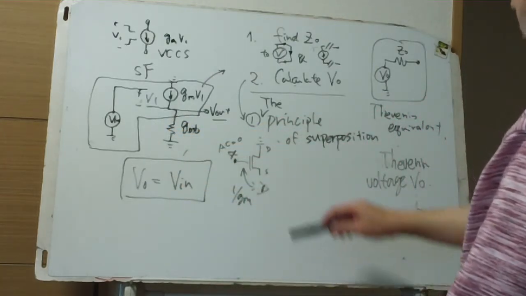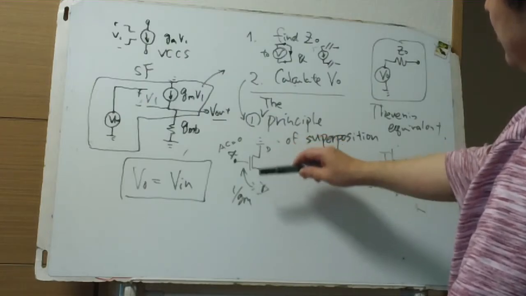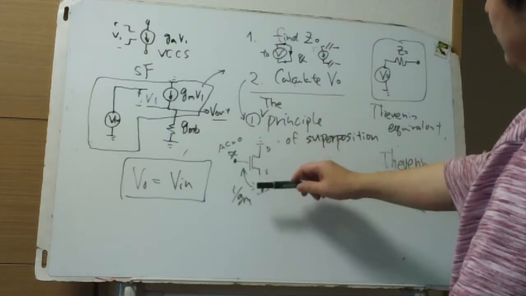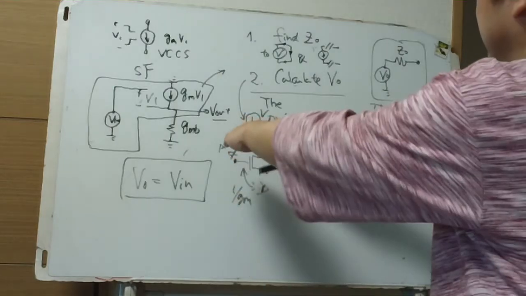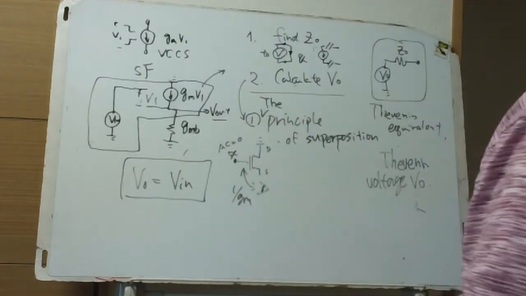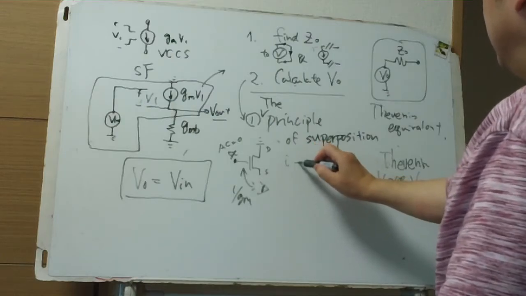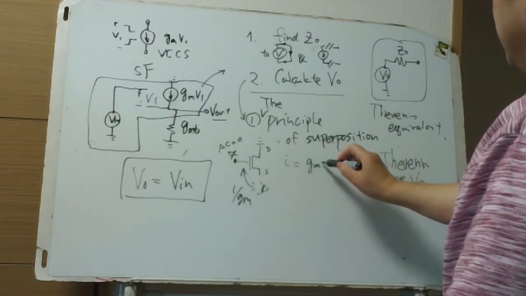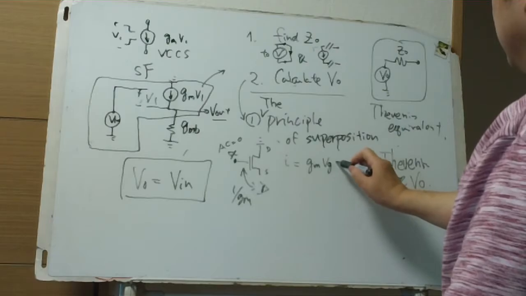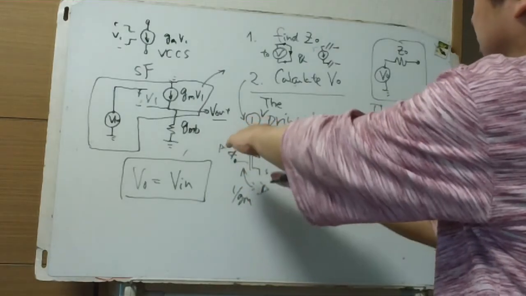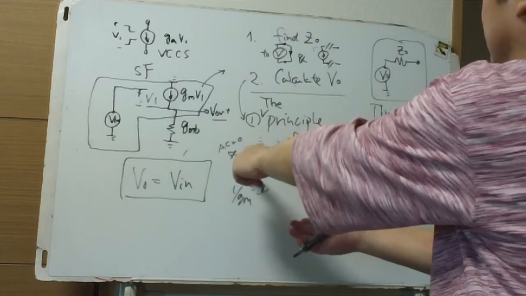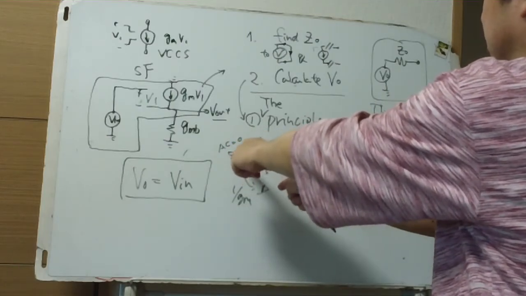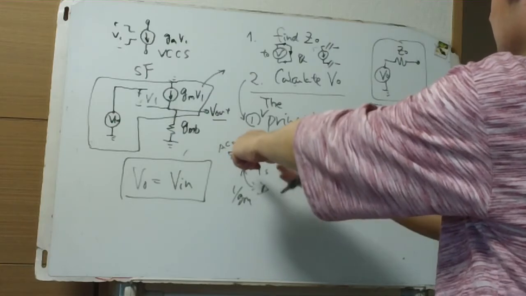So moving up and down the source voltage, we change VGS. So we find I equals GM times VGS. Now this is just VGS in AC sense. Okay, this is grounded, and this is input, and this is VGS moving.